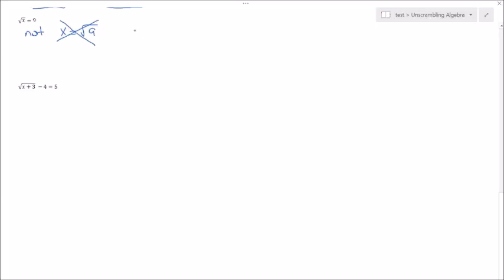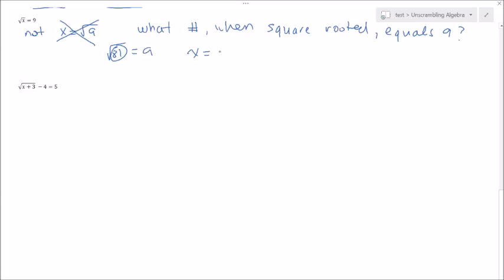I am saying what number, when square rooted, equals 9? And again, from just times tables here, we should know that the square root of 81 is equal to 9. Therefore, x must equal 81.